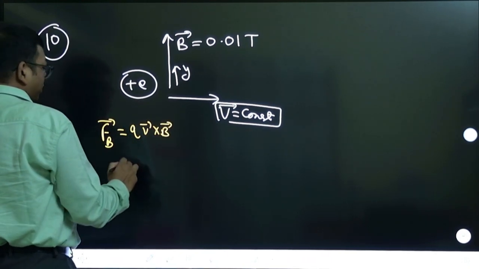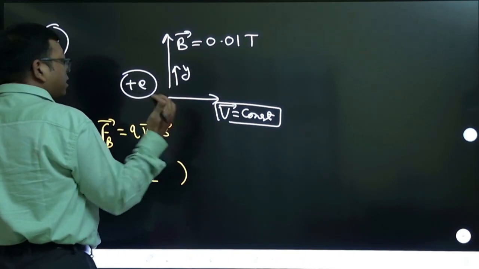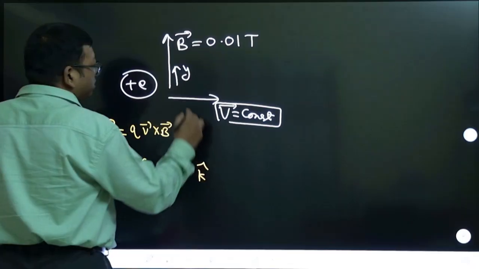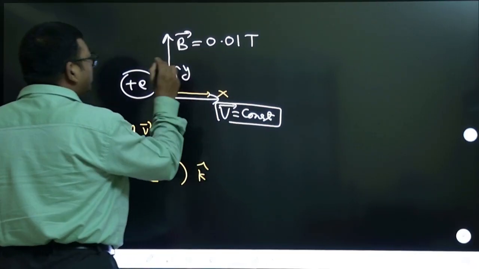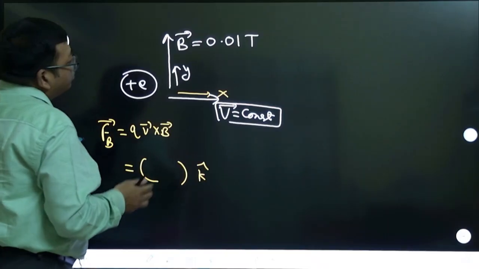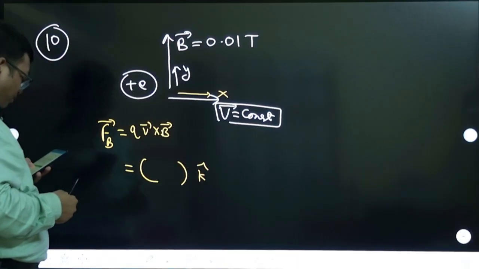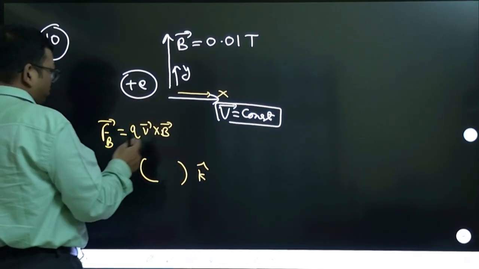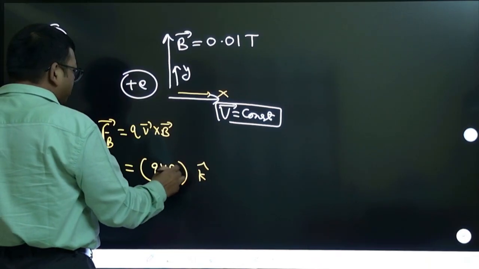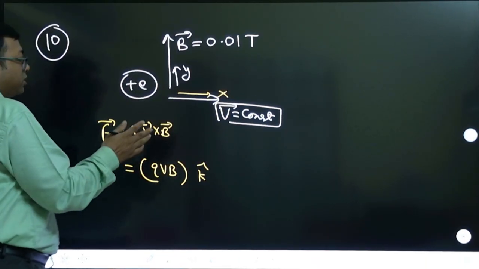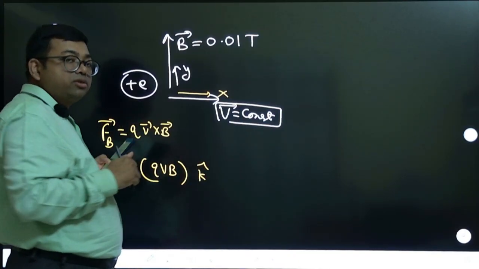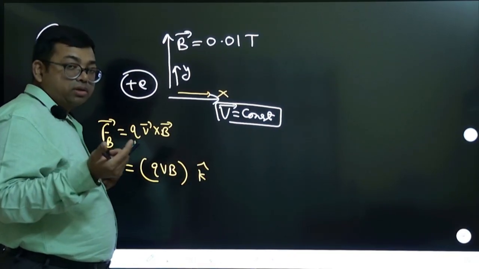And the magnetic force will come in which direction? K cap, because this is the x-axis and this is the y-axis. So magnetic force direction, I cross j, is coming outward, right? So magnitude will be qvb. Now this force has to be cancelled by the electric force.